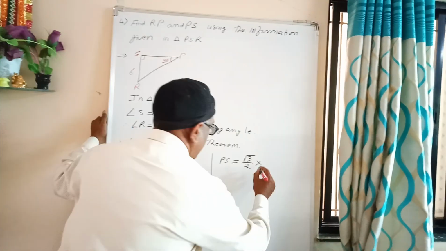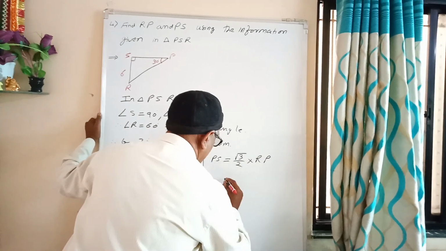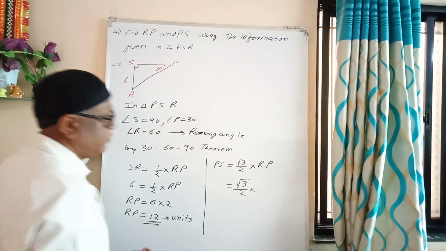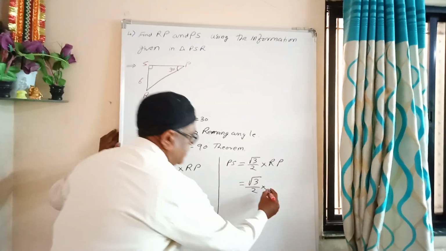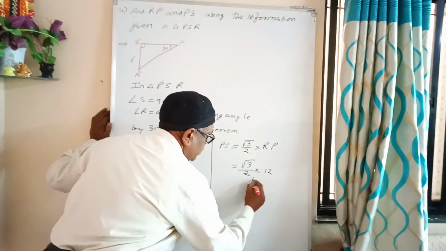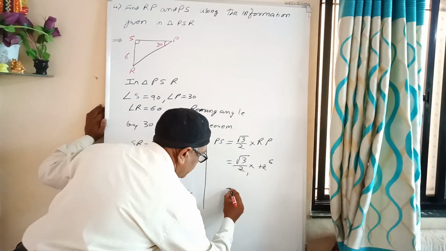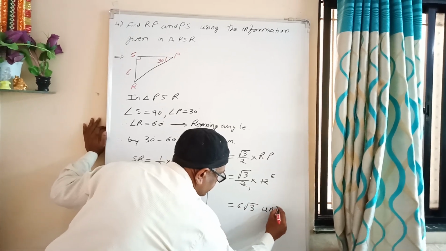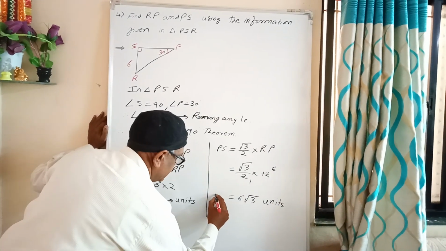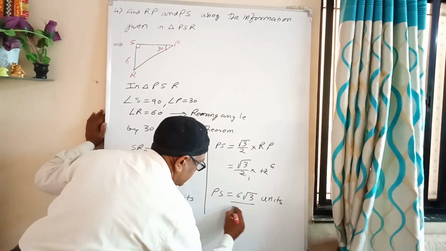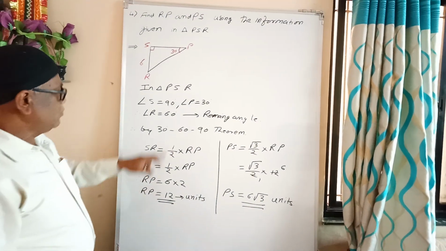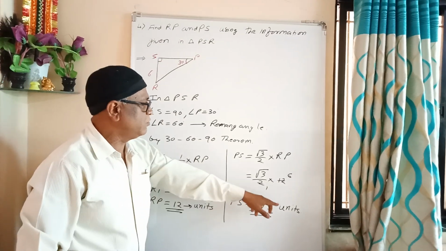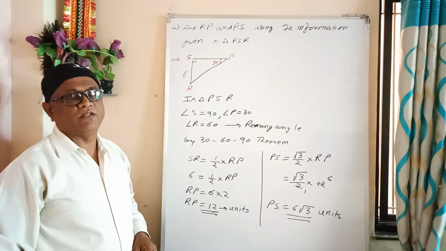Hypotenuse is RP, which is equal to root 3 upon 2 into RP, which is 12. 2 ones are 2, 2 sixes are 12, which is equal to 6 root 3 units. This is PS. Now RP is equal to 12 units and PS is equal to 6 root 3 units. This we have calculated.